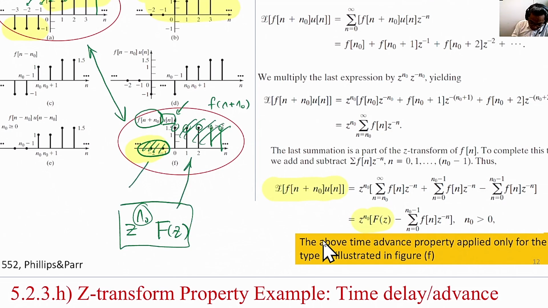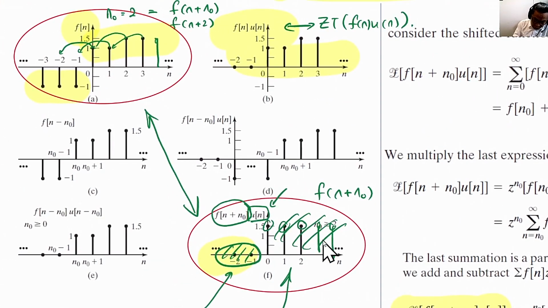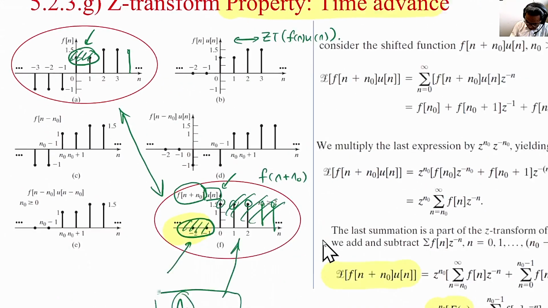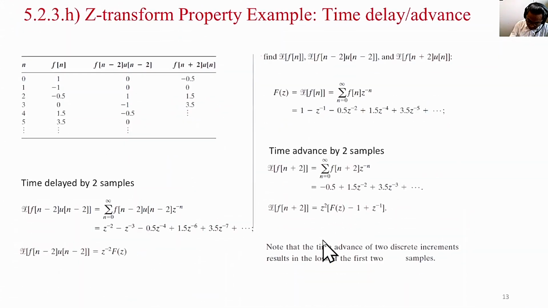What about the one that we have removed, which was originally there? What am I talking about? Well, remember, if we have moved two signals, then these two samples have disappeared. They have moved to the left hand side and we have multiplied by u[n]. So this guy is gone, but it's still in F(z). So how do we remove that? Look at this carefully.